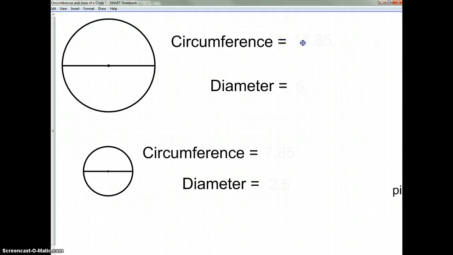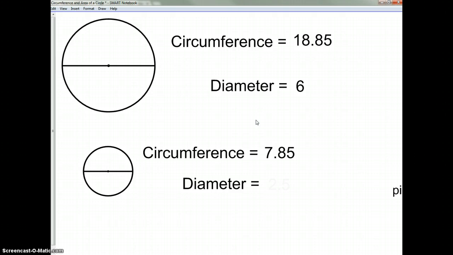If the circumference is something like 18.85, which is the type that you'll be seeing a lot, circumferences that are down to the decimal like that, and the diameter is 6, you can see how the circumference is just over 3 times as big as the diameter.